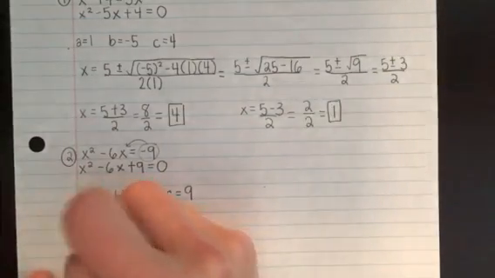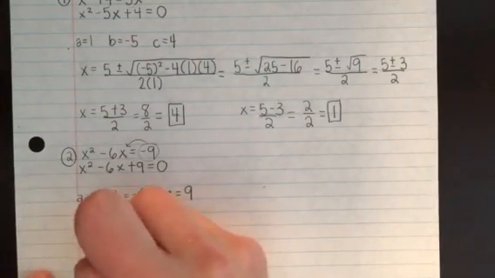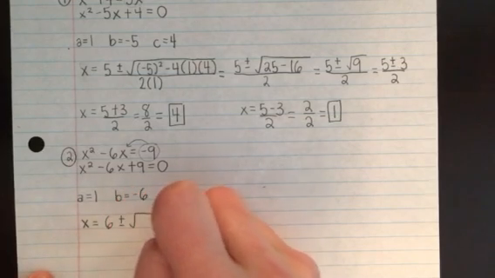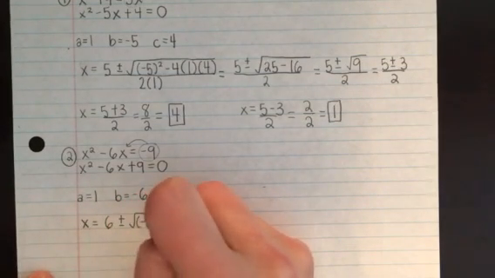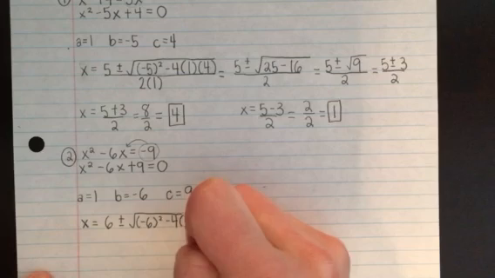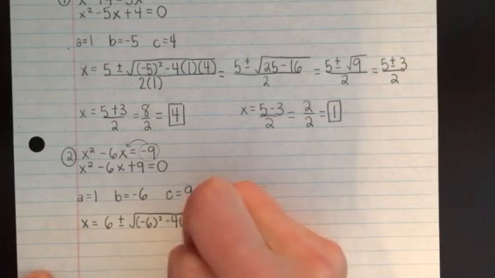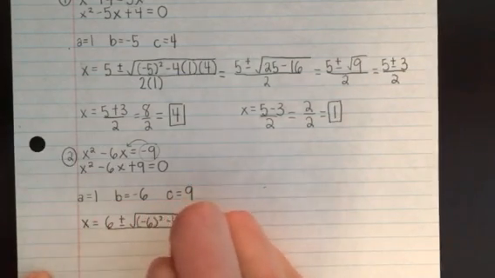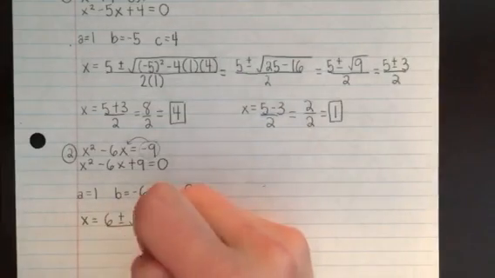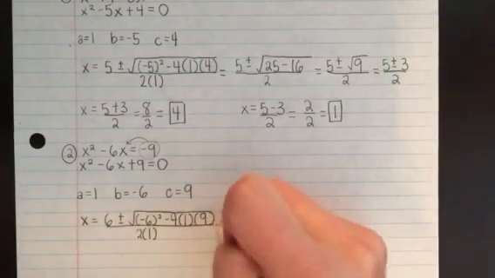So the quadratic formula says opposite of b, so positive 6 plus or minus the square root of b squared minus 4ac, the whole thing over 2 times a.